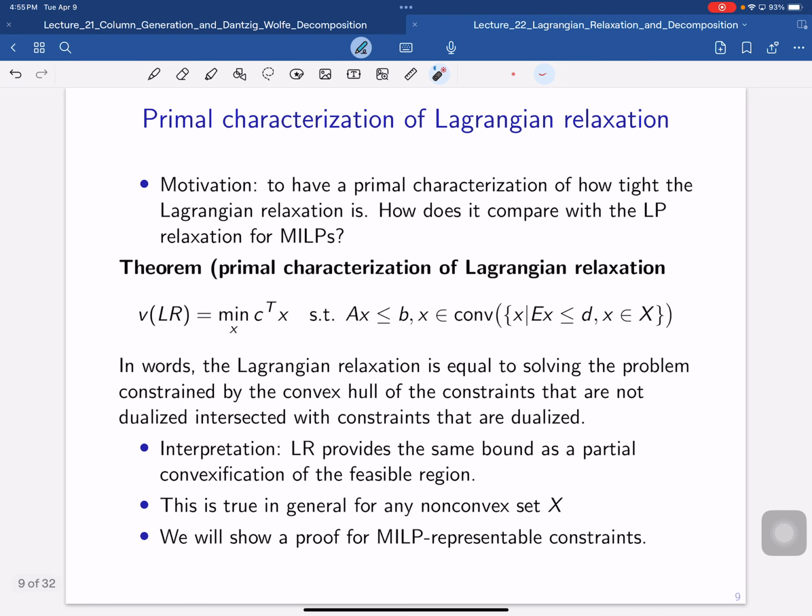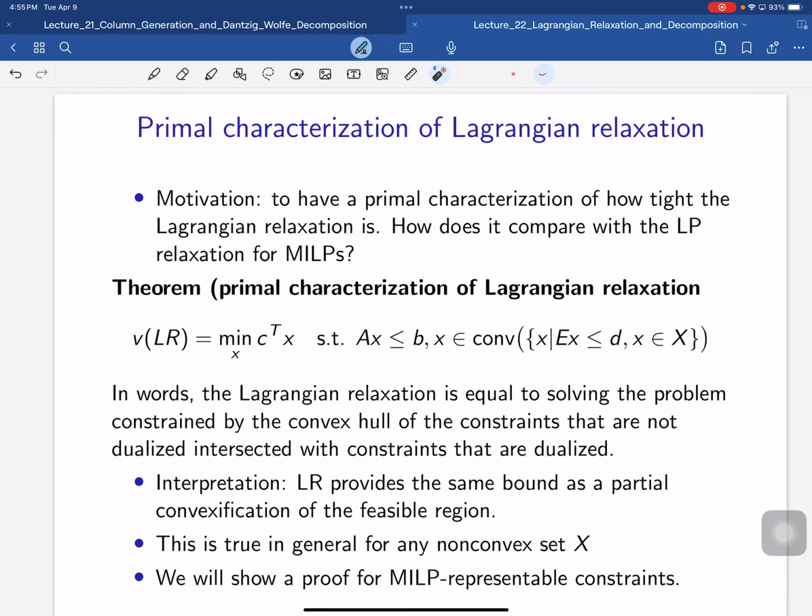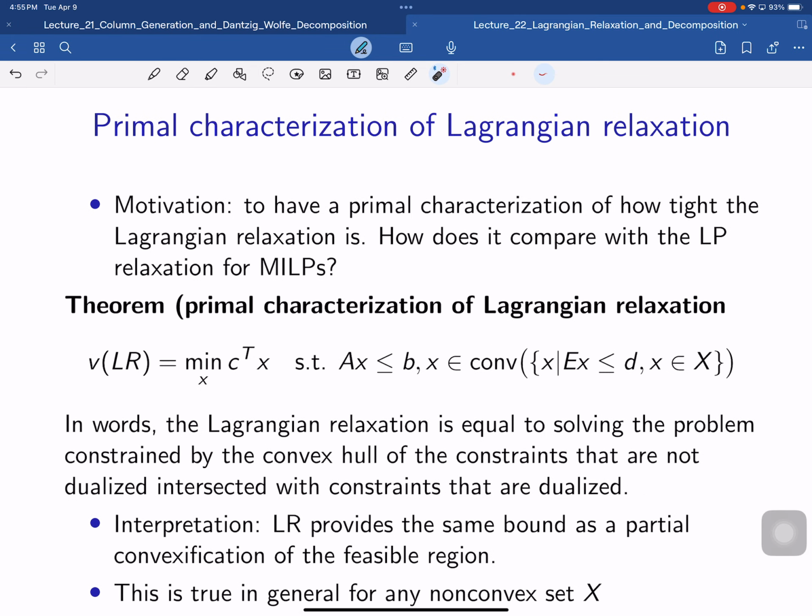Okay, so in order to answer the question I just raised, will the Lagrangian dual give you the same bound as the original problem? There is a very strong theorem people have discovered, called the primal characterization of Lagrangian relaxation. The motivation is the following: we want a primal characterization of how tight the Lagrangian relaxation is.